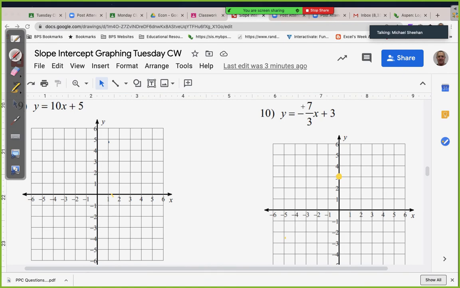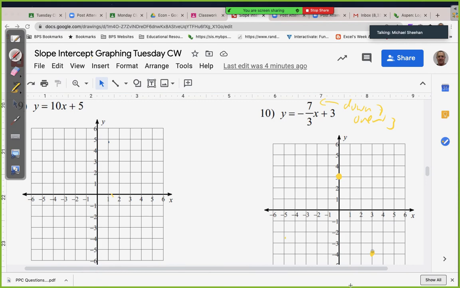And now I want to count down 7 and over 3. All right, so I want to go down 7, over 3. So I'm going to count 1, 2, 3, 4, 5, 6, 7, over 3. And I want to put another dot.